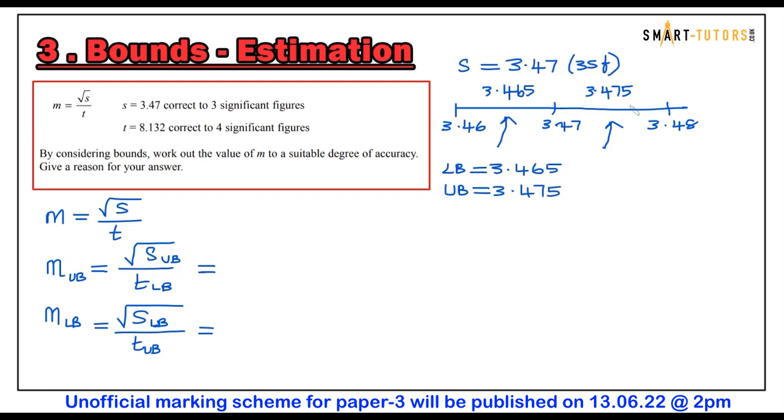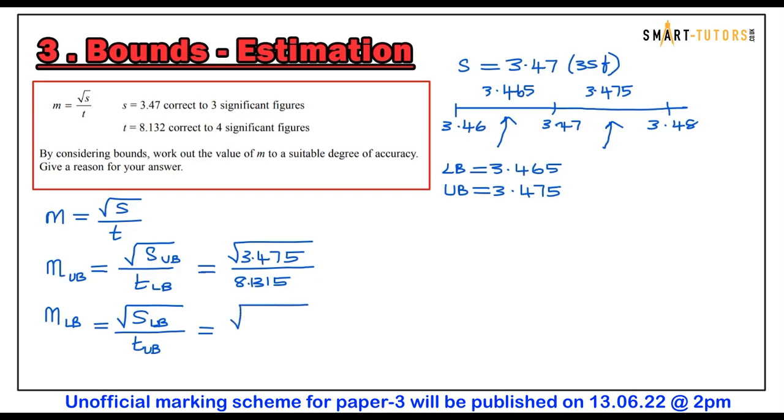So that is the lower bound and that is the upper bound. Once you understand the lower bound and upper bound, you can substitute here. So square root of the upper bound, 3.475. The same situation you can do for T. T's lower bound is going to be 8.31315, right?